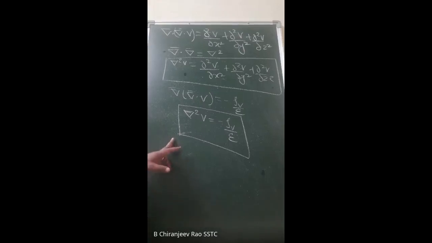This is a second order partial derivative. So this equation gives a direct relationship between potential V and rho V. ठीक है, ये डायरेक्ट रिलेशनशिप देता है दोनों के बीच में.